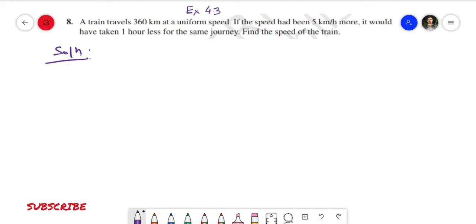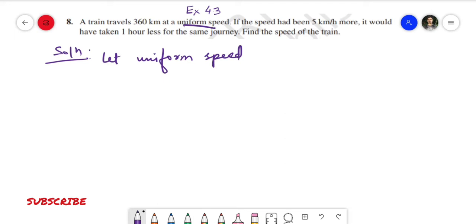You are asked to find the speed, so we must take that as x. Let the uniform speed be x kilometer per hour, because they are talking about uniform speed, and this is given in kilometer per hour. So I took x kilometer per hour.